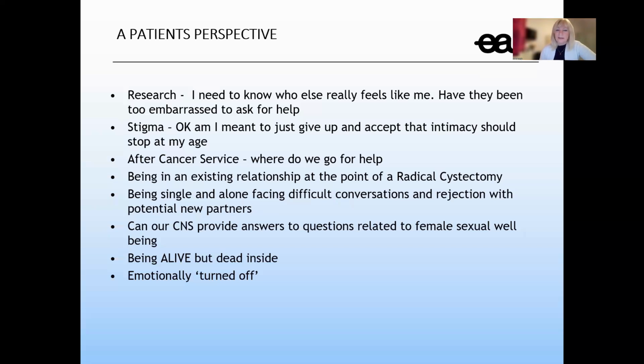Is this something our CNSs can provide answers to that are related to female sexual well-being? I always come back to the fact that I am so alive, but sexually and everything else, oh my goodness, I'm quite dead inside and feeling quite emotionally turned off.